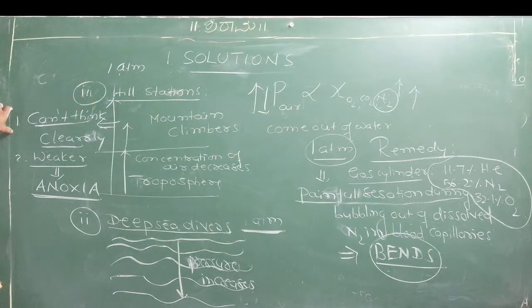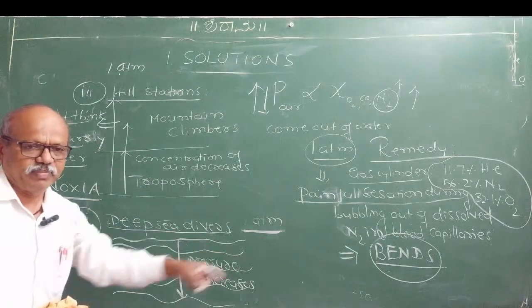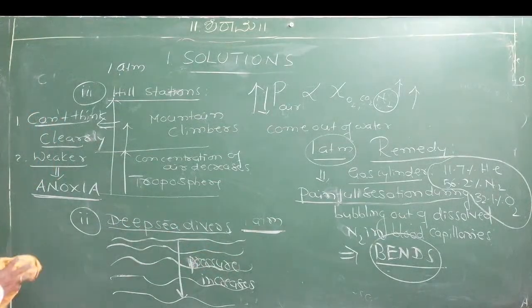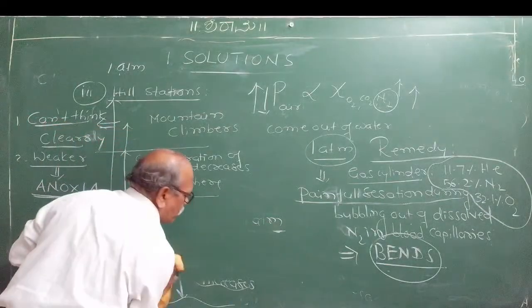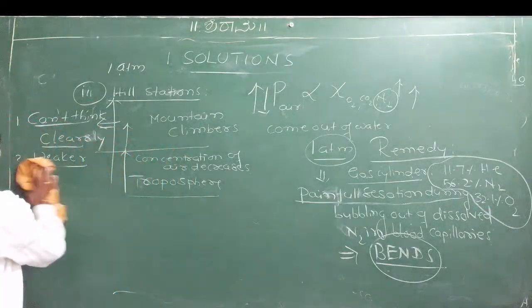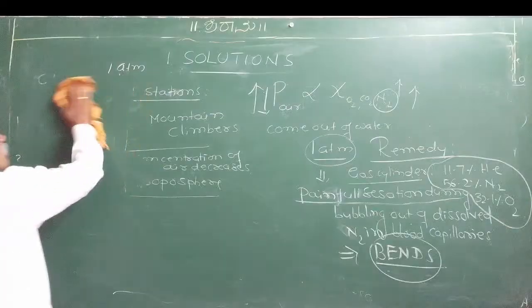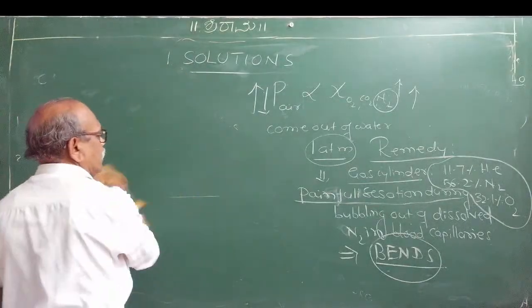Therefore, as the pressure decreases, due to the lack of oxygen, they can't think clearly and they feel weaker, and such a situation is called anoxia, right? And this is called bends, therefore they will carry oxygen cylinders. So these are some of the applications of Henry's law.